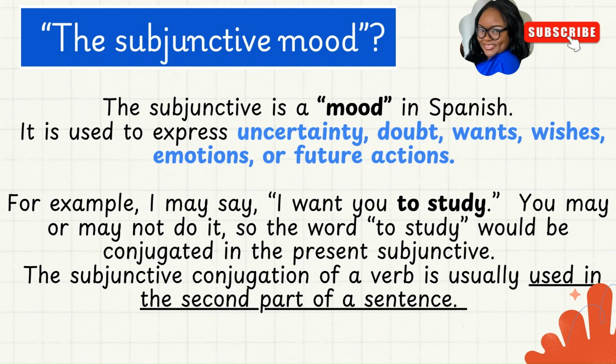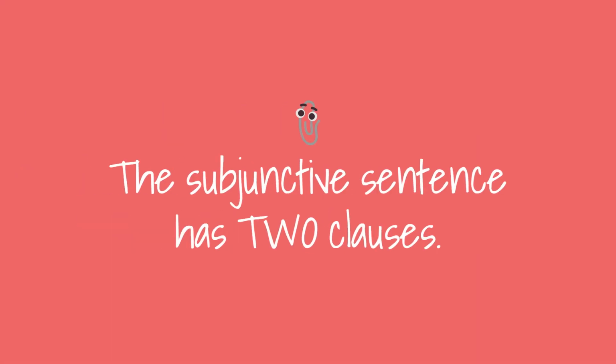It mostly expresses the hypothetical, things that may not happen although it is desired. For example, I may say I want you to study, but you may or may not do it. So the word to study would be conjugated in the present subjunctive just because it's something that might or might not happen. Therefore, the subjunctive consists of two clauses.